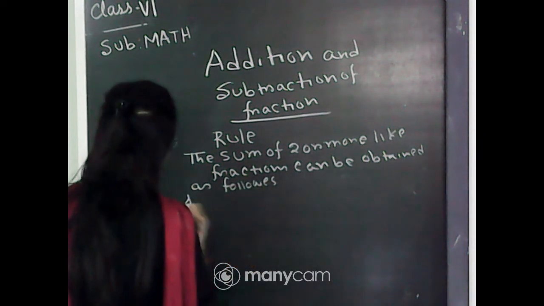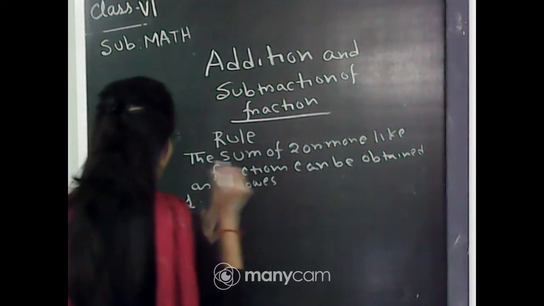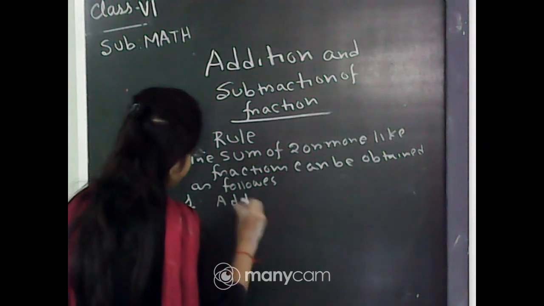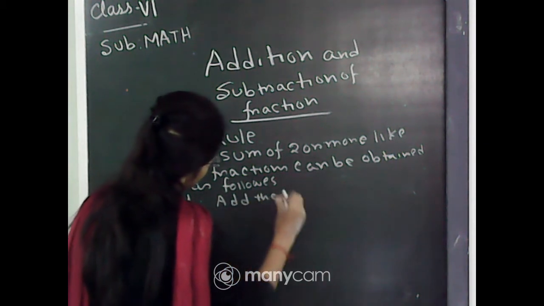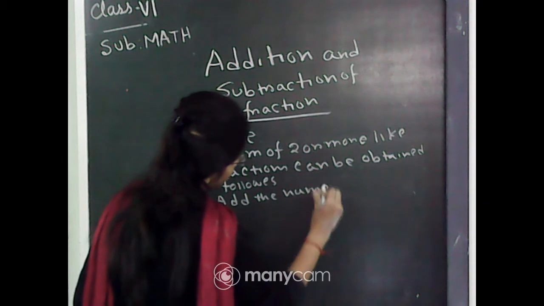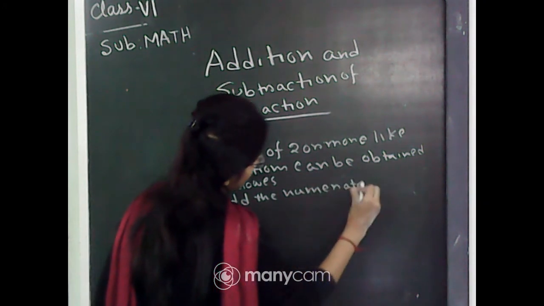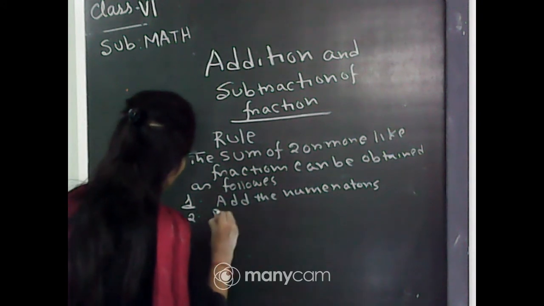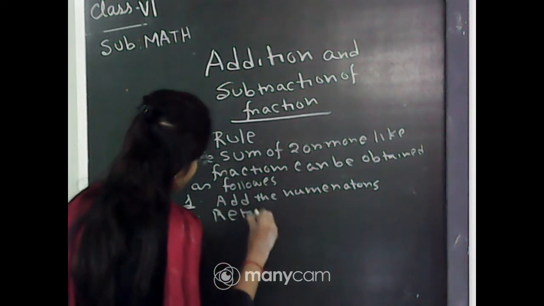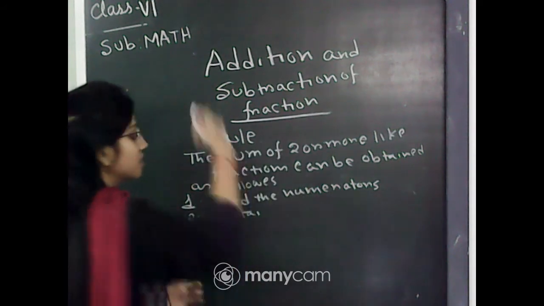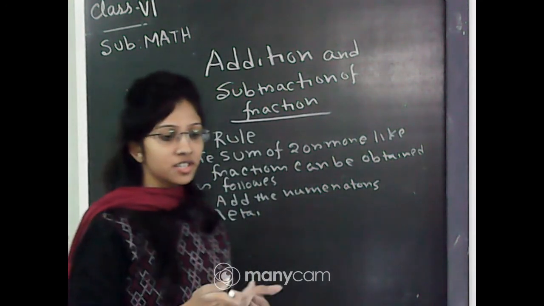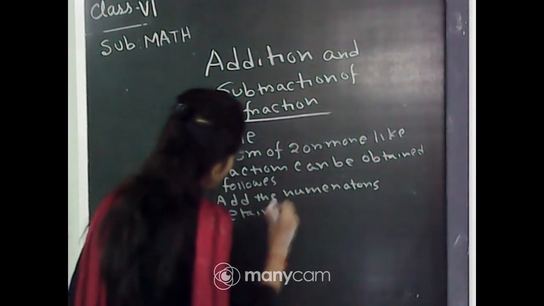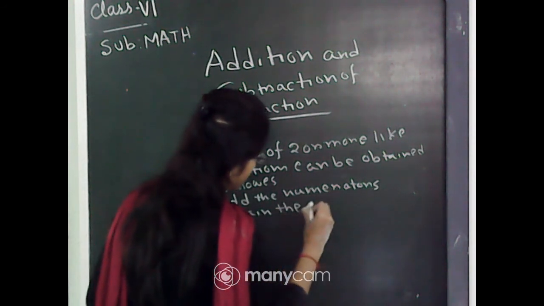First, step 1, just add the numerators. And step 2, retain the common denominator. Since the like fractions are the fractions with common denominator, we will retain the common denominator.